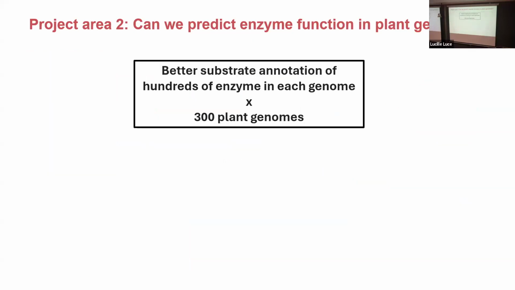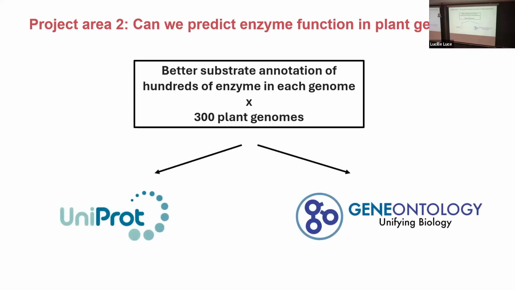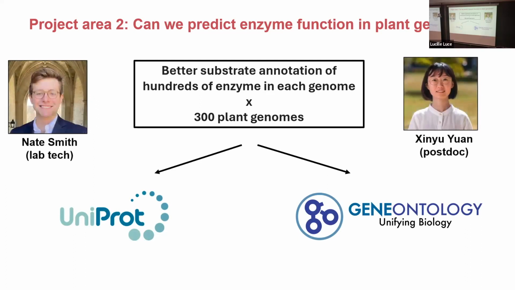The eventual outcome of this research is that if we have better substrate annotation, if we can say, okay, this enzyme uses these substrates computationally with a high degree of accuracy, we can apply those annotation workflows to over 300 high quality plant genomes and improve the annotation for basically all researchers across the world for these enzyme families. We're targeting 10 families right now and depositing all of these activities in global databases like UniProt and Gene Ontology. Nate and Shinyu are working on this project.